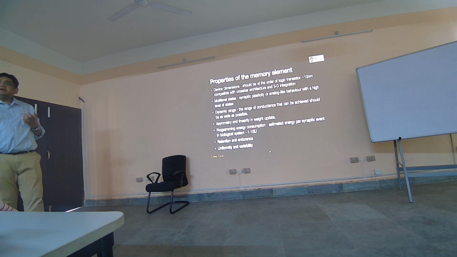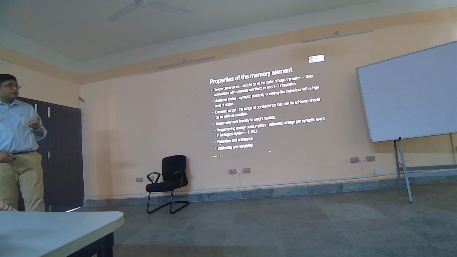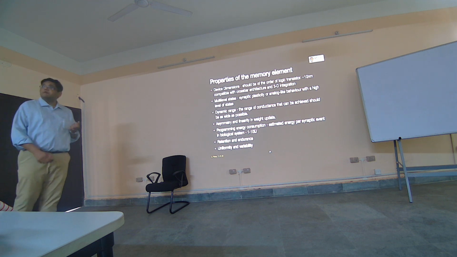The problem is variability is a problem today even in logic. If you think about any of the technologies, 18A technology, 20A technology, 3 nanometer technology, almost all of them are limited by the variability of transistors. So the variability continues to be a problem. Variability is going to become a worse problem as technology scales. So we need to find a way to deal with it. Today we are limited by the variability.